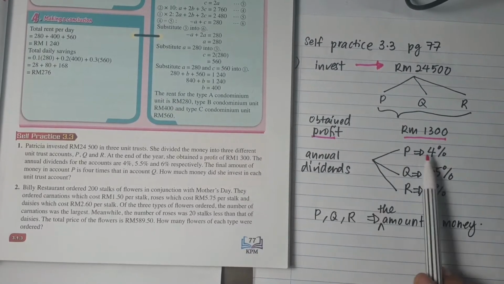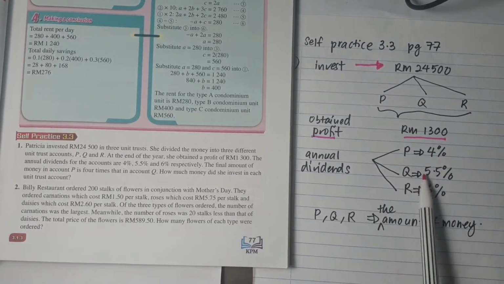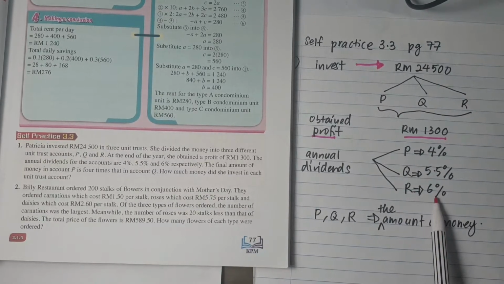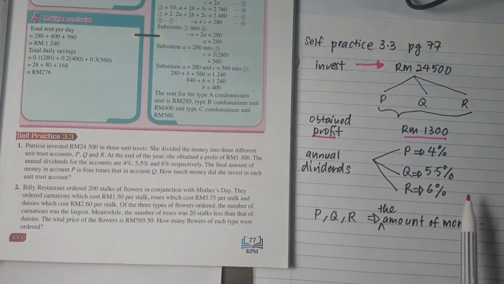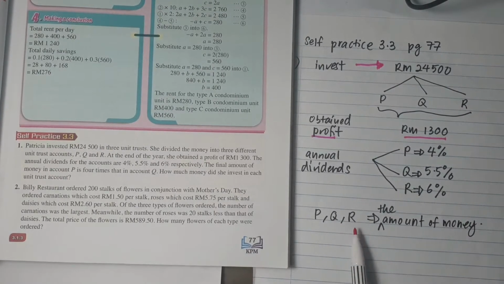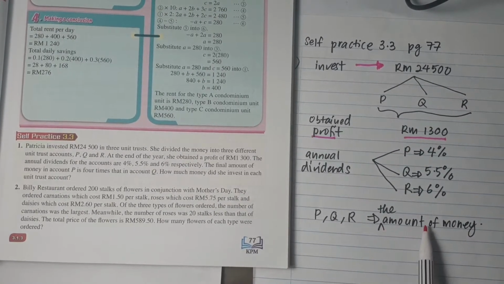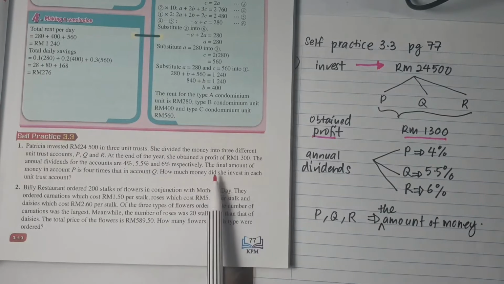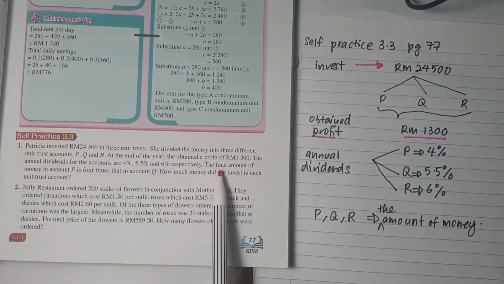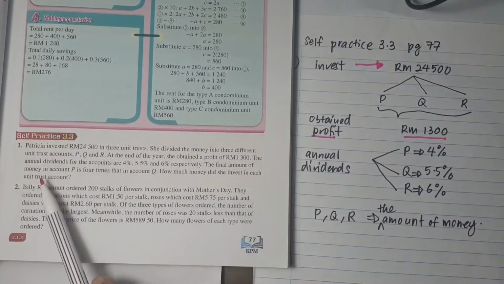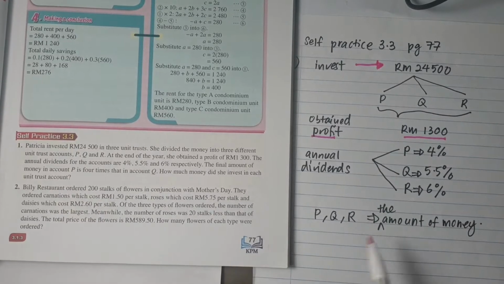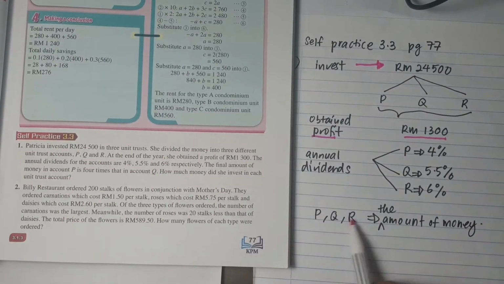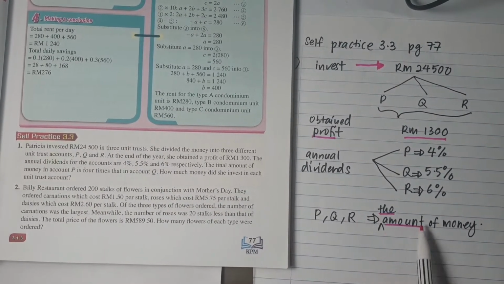From this account P 4%, Q 5.5% and R she get 6%. So you understand P, Q, R here represent the amount of money lah.